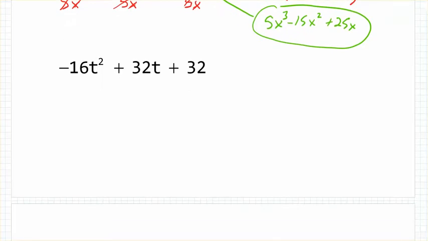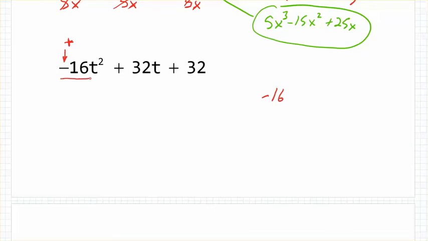Now in the next one, we have minus 16t squared plus 32t plus 32. There's really no variables to factor out, but what we can factor out is a minus 16. We like to have this first term, whenever possible, be a positive, especially later when we do some more complex factoring.